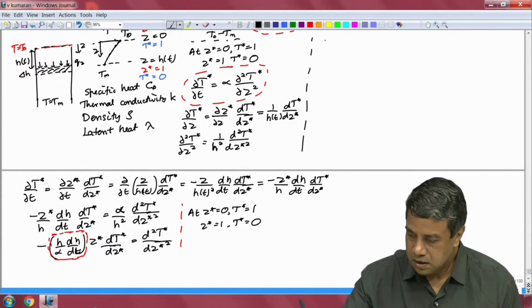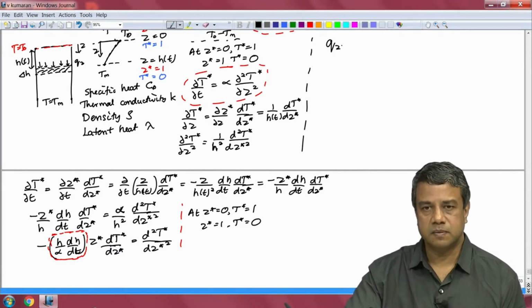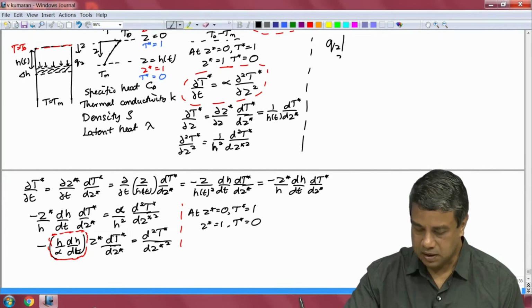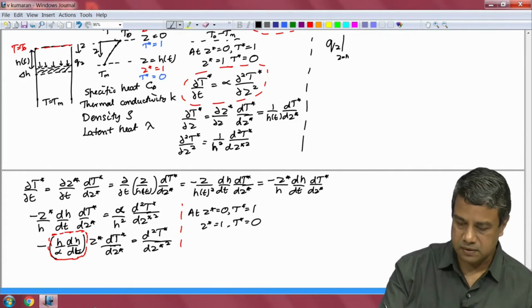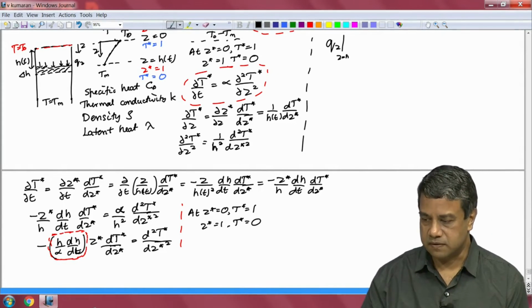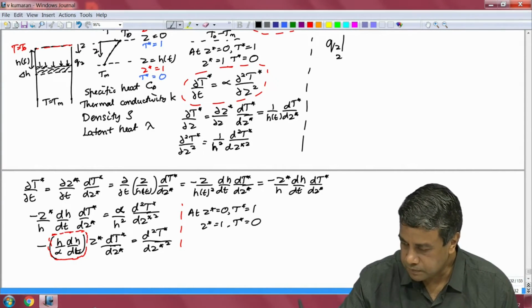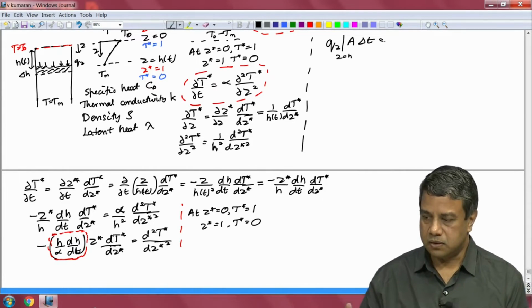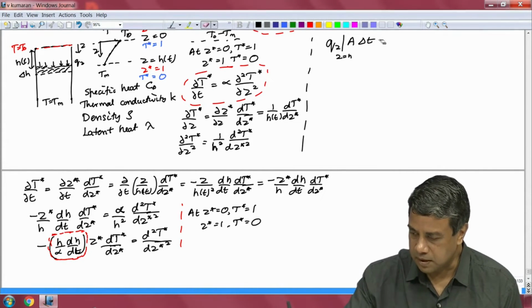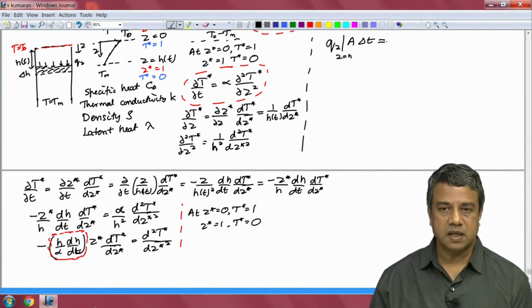That is, the total heat transferred in a time delta t is the heat flux, the heat transferred per unit area per unit time at z equal to h, times the area times time. This has to be equal to the mass that is melted.